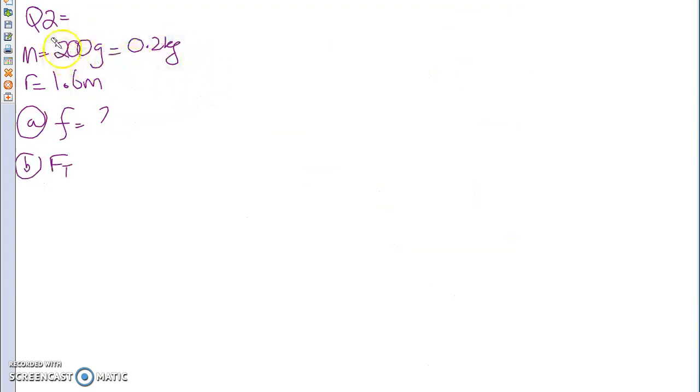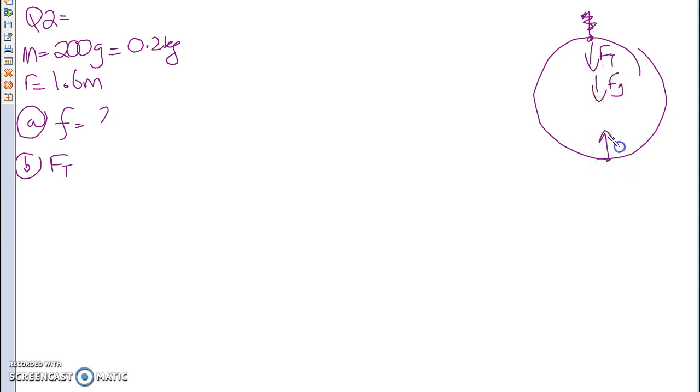Alright, so the second question was: mass was 200 grams, radius was 1.6, and the question said that this was whirled in a vertical plane, and we're looking for the minimum frequency of rotation and what is the maximum tension in the rope. So if I have my object like this, and we said Ft is this way, Fg is this way, and for the bottom Ft is this way and Fg is this way.